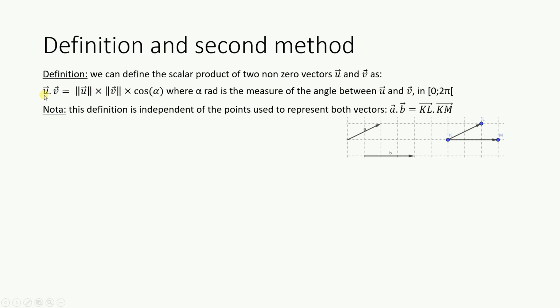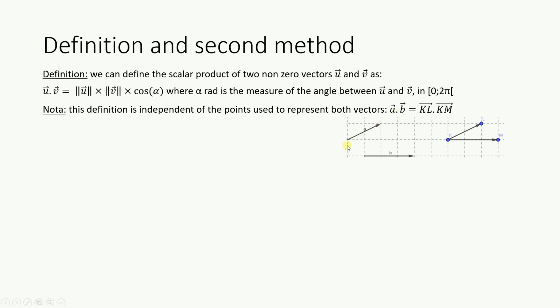I can write v dot u. It will not change that product, magnitude of v times magnitude of u, and it will change my angle. I will get minus alpha, but since cosine is an even function, cosine of minus alpha is equal to cosine of plus alpha, so it doesn't matter actually.